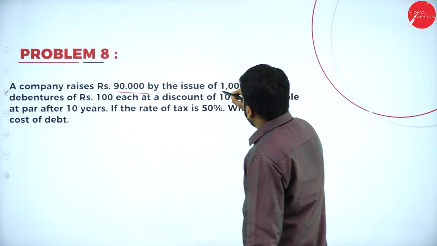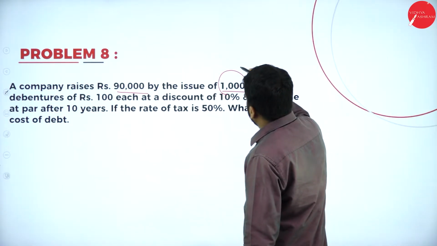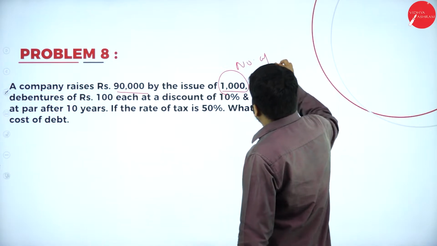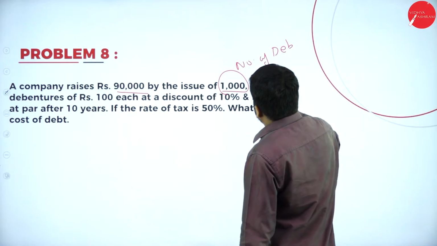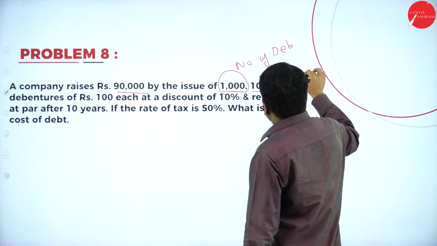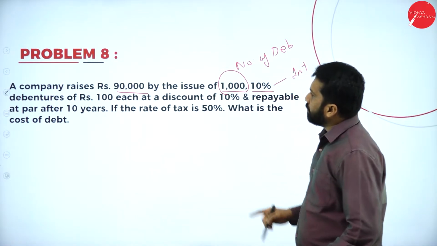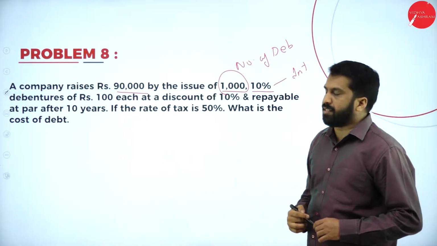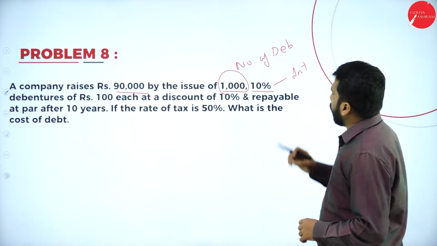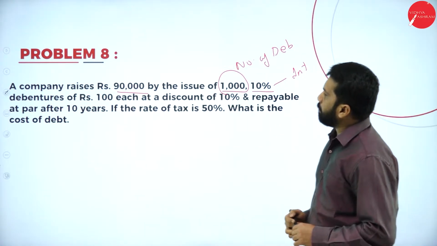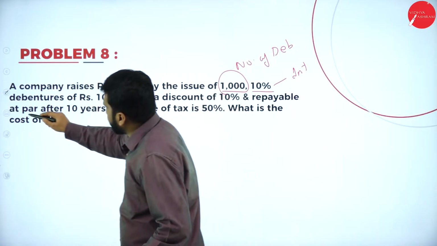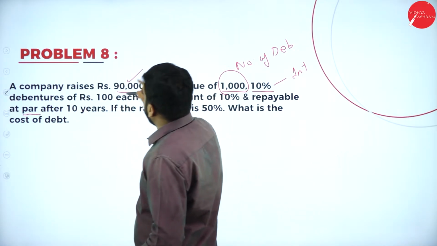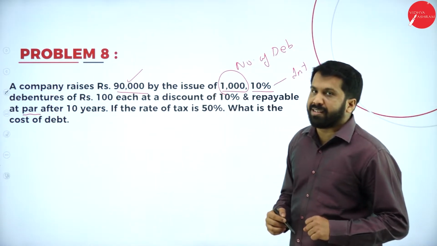These are the number of debentures at 10%. This will be your interest part, of rupees 100 each at a discount of 10% and repayable at par. Repayable at par means you have to go for the actual price itself.